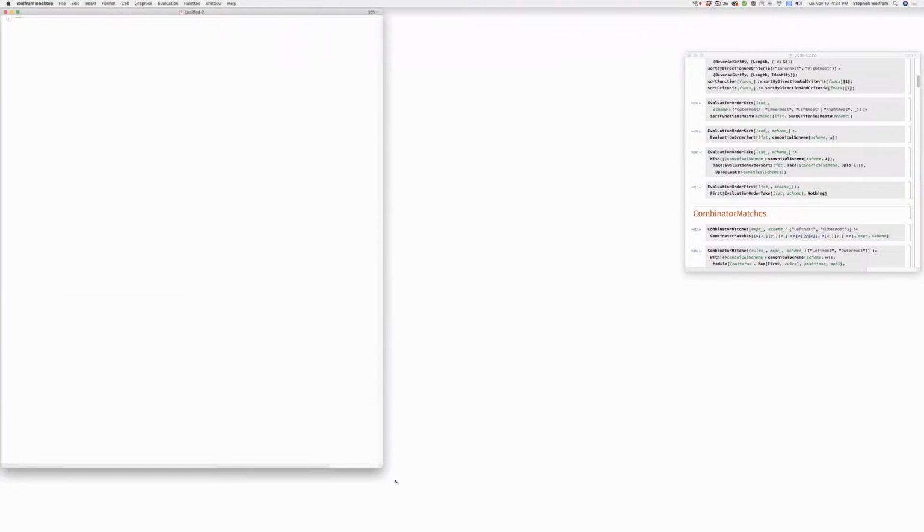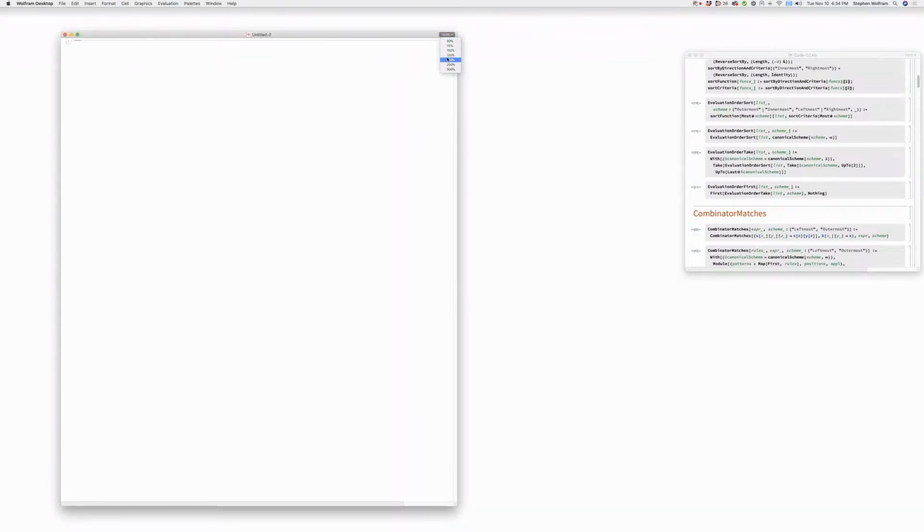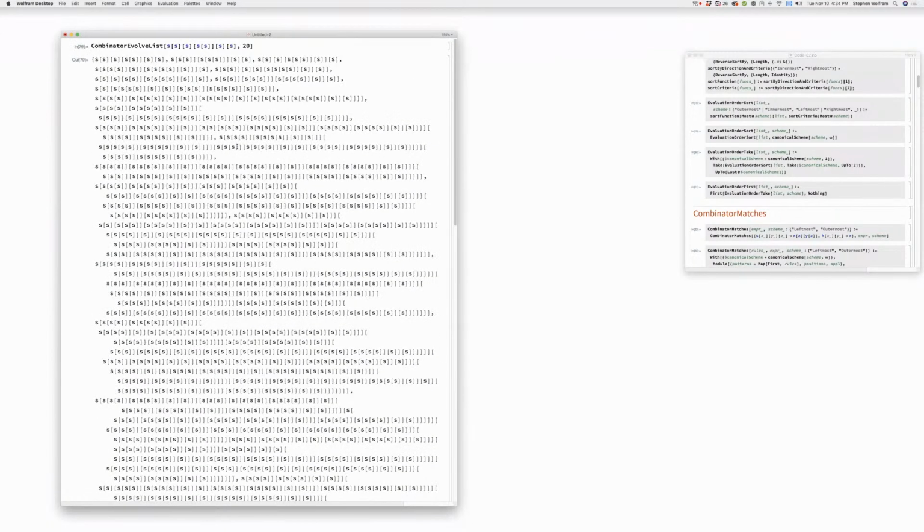I'm going to bring up the smallest combinator that leads to growth. There it is. Let's just run it for 20 steps, for example. There's the messy thing it produces. So let me see. I've actually got a few new things I've figured out that I'll show you.